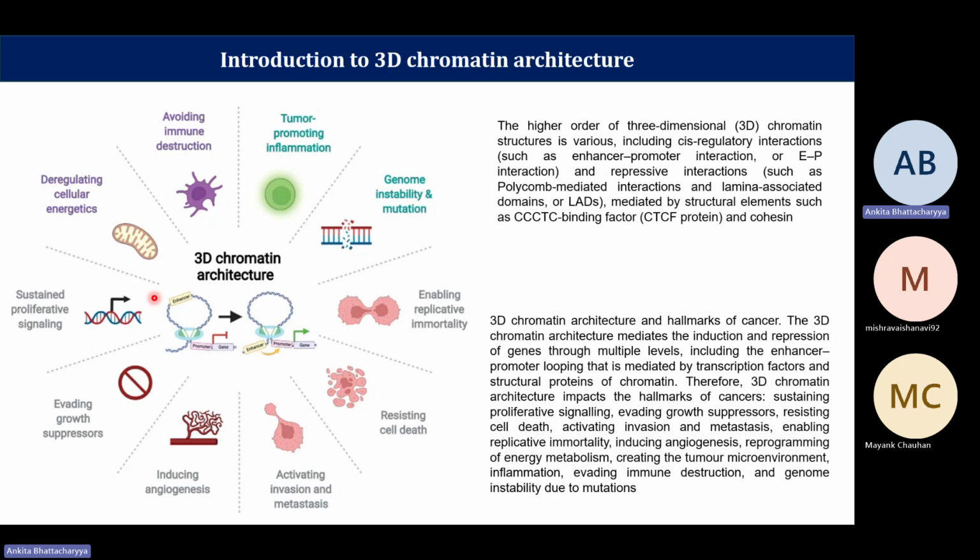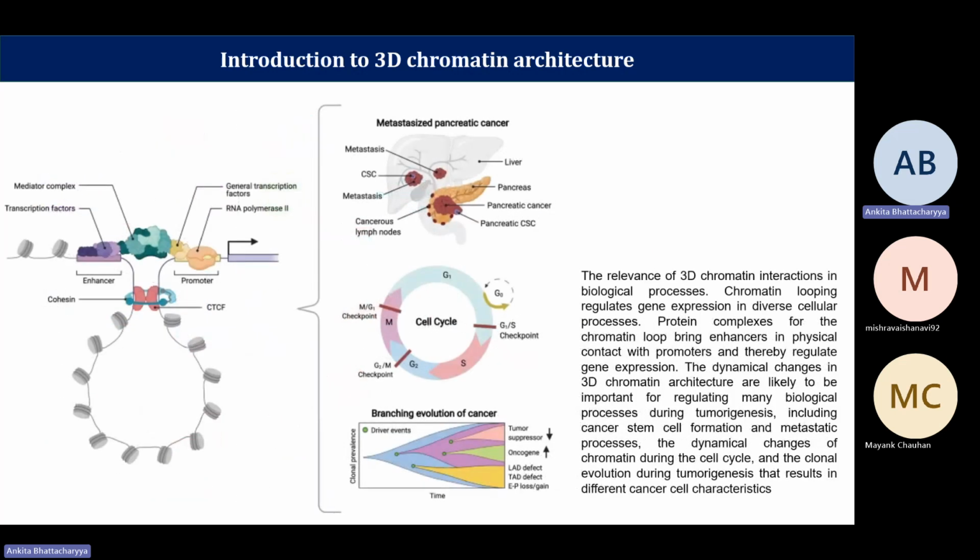But basically, the 3D chromatin architecture can influence all of the different parameters called cancer hallmarks, which are attributes that any cell acquires over time to become cancerous. So they are aiding the oncogenicity of any cell, and therefore they are all interconnected. And so studying such 3D chromatin architecture is relevant in that context.